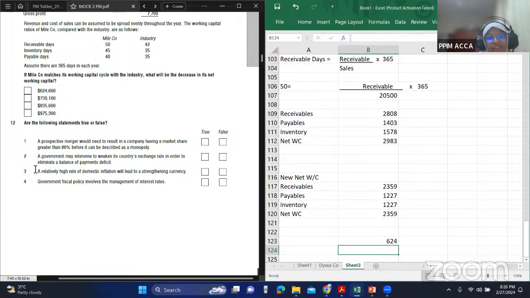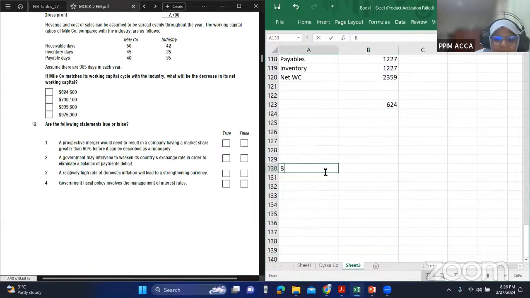Okay, so if we have a balance of payment deficit, we mean that import is high. So we want to reduce the import or we want to increase the export. If you want to increase your export, then one way is to weaken your currency, because it will become more lucrative, right?